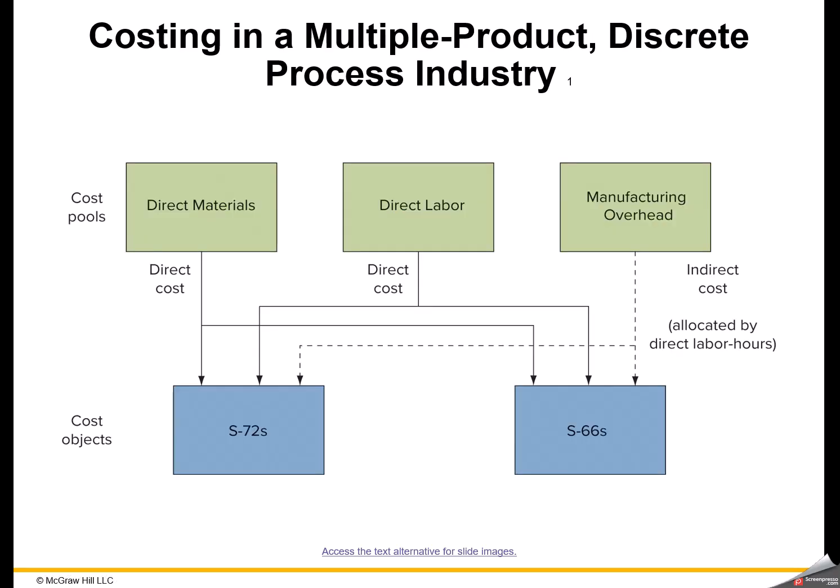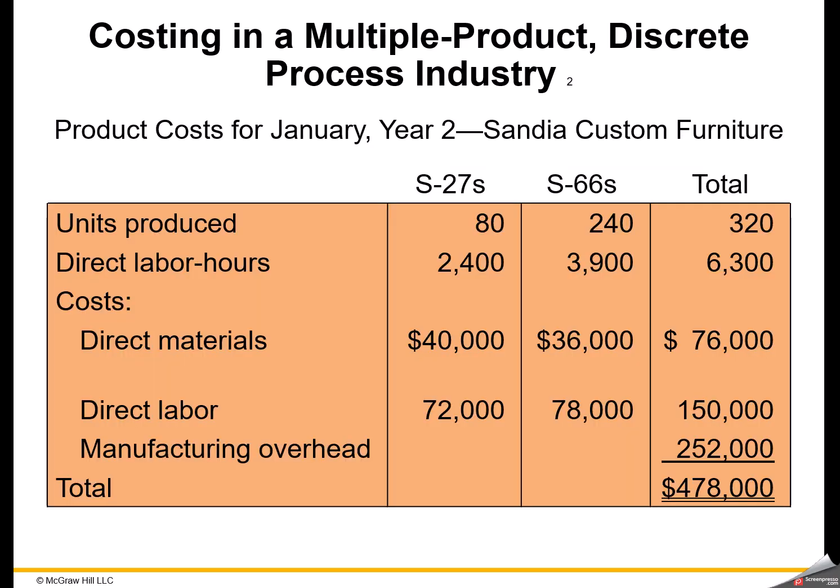If we have multiple products, so we're not just making one product, we're making two products, we still want to allocate those same product costs out to those different products. Here we have the two products that we are producing, and then we have them totaled in that final column. We know the direct materials assigned to each. We know the direct labor hours assigned to each.